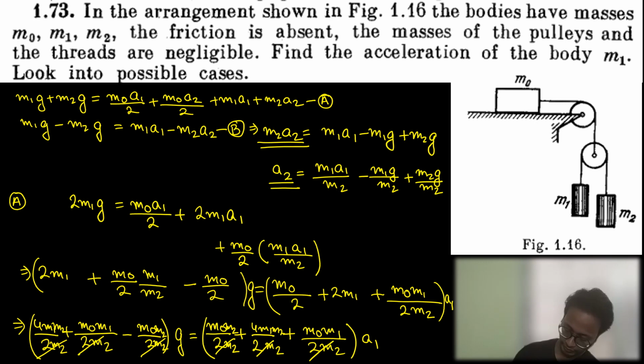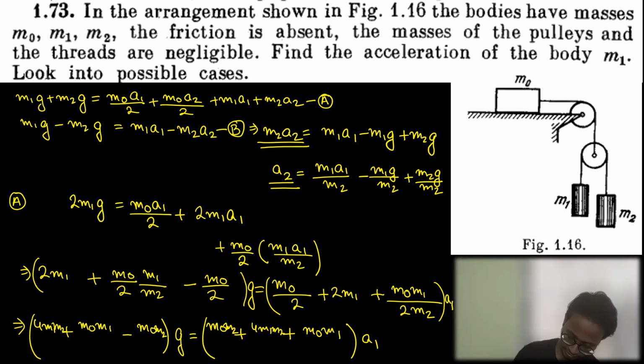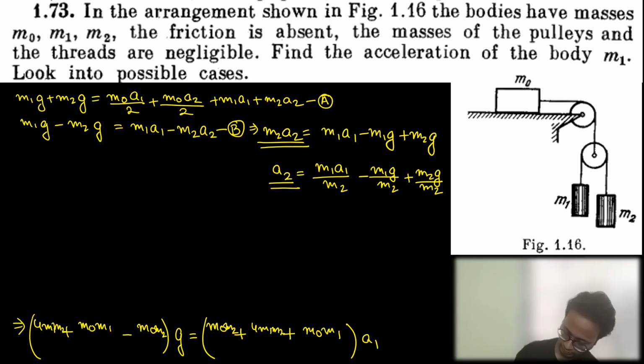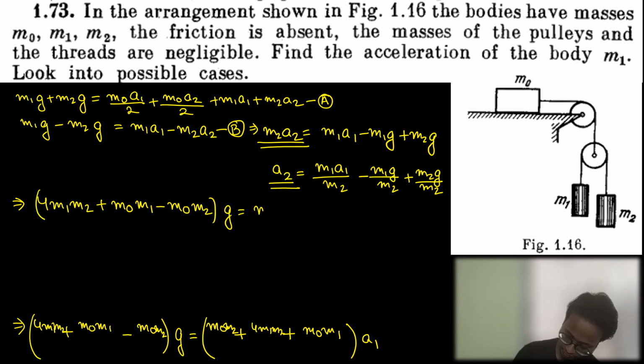Of course I can. So let's make this a little bit neat and clean. I'm erasing all these values. Let me also erase the previous step out here. Now let's write this equation out here. 4m1 m2 plus m naught m1 minus m naught m2 into g is equal to m naught m2 plus 4m1 m2 plus m naught m1 into a1.